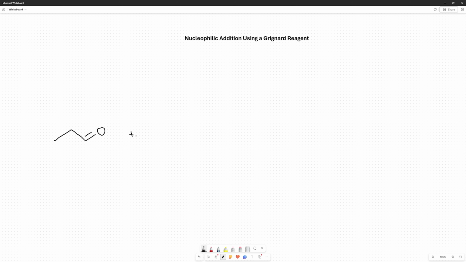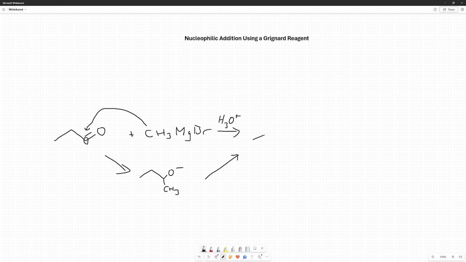We could add the same Grignard reagent, and now this negative carbon is going to be attacking this carbon here, the electrophilic carbon, and we're going to lead to the formation of this intermediate, which is eventually going to form this compound here, which in the case of aldehydes will be a secondary alcohol rather than a tertiary alcohol in the case of ketones.